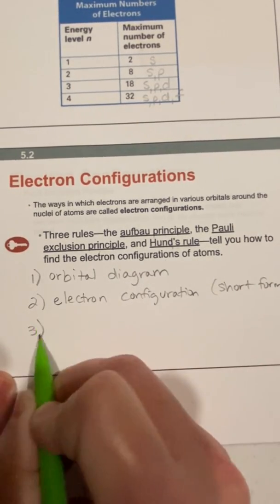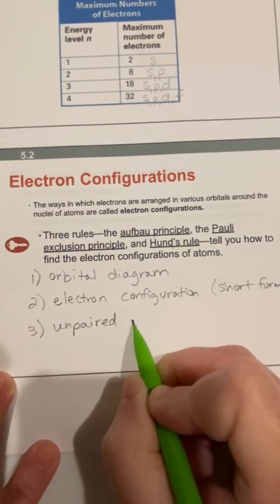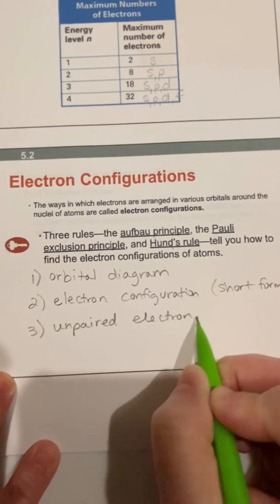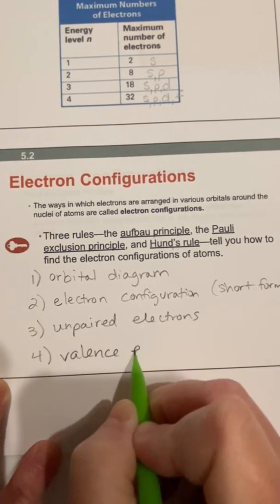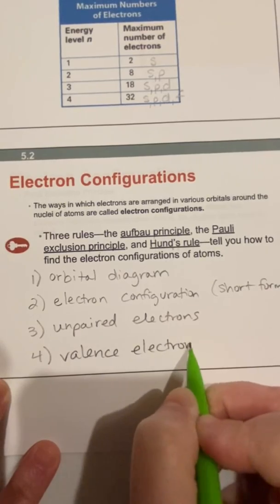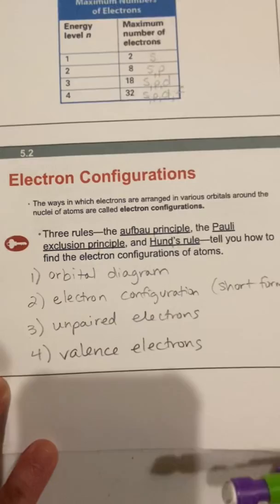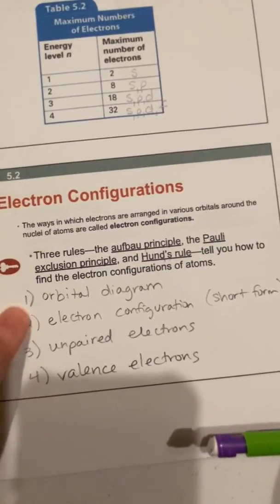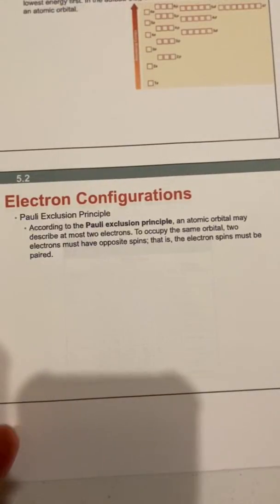Then you're going to look at that electron configuration and tell me how many unpaired electrons there are, and also how many valence electrons there are. So these are the 4 things you should be able to do for any element I give you, and we're going to work through this together.